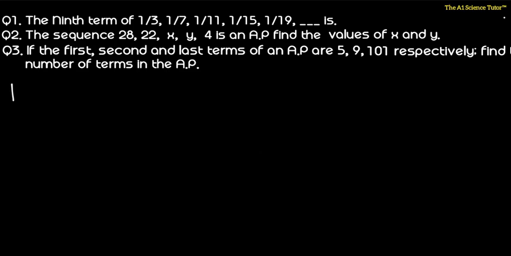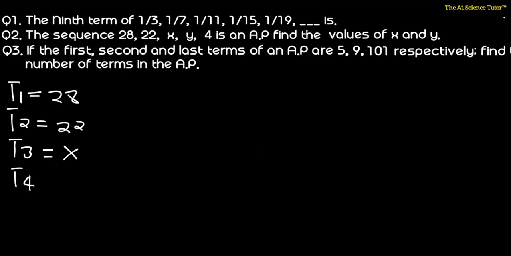The first term, T1, is equal to 28. T2 is 22. T3 is going to be x. T4 is y. How about T5? That will be 4.